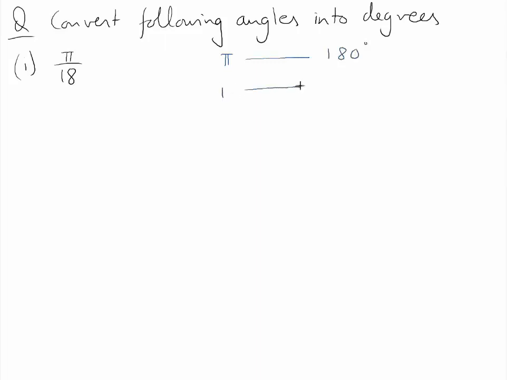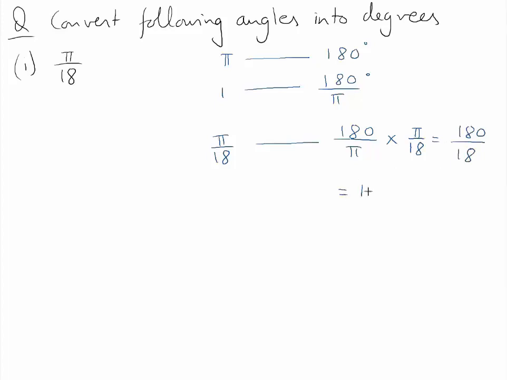So 1 radian will be equal to 180 by pi degrees. So pi by 18 radians will be equal to 180 by pi multiplied by pi by 18. So that equals 180 divided by 18, so equals 10 degrees. So pi by 18 radians equal 10 degrees.